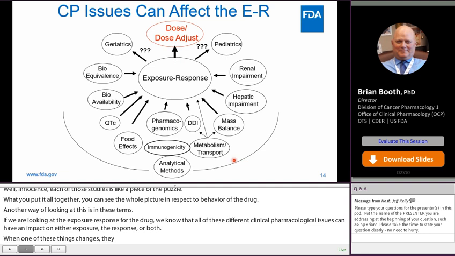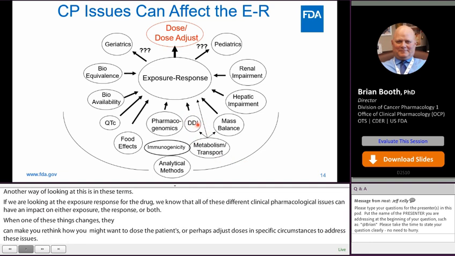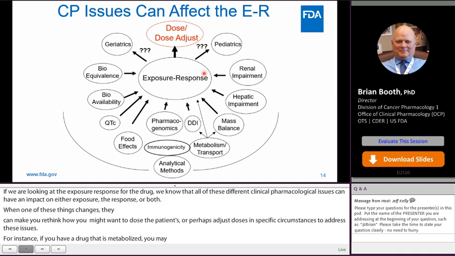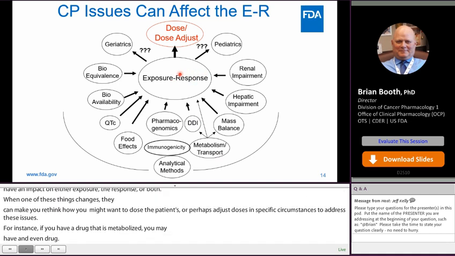So, for instance, if you have a drug that's metabolized, you may have an in vivo drug-drug interaction liability. So that can lead to changes in the exposure of the drug, and with a consequent change in the response. So under those circumstances, you might need to adjust the dose for these patients. Okay.